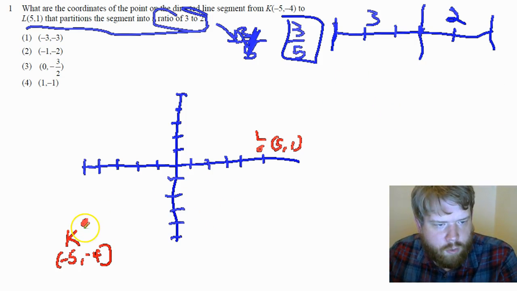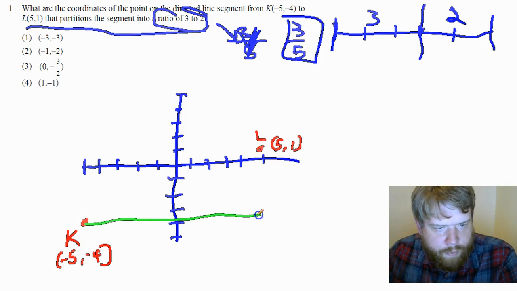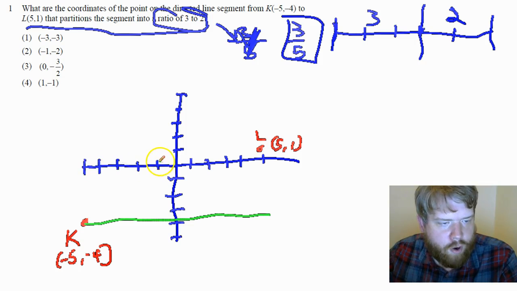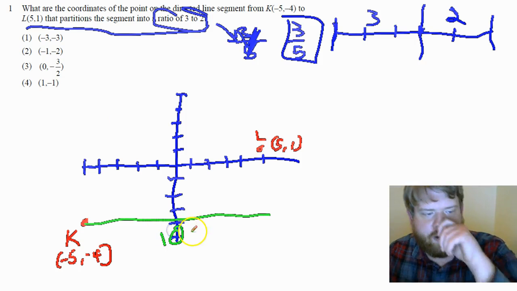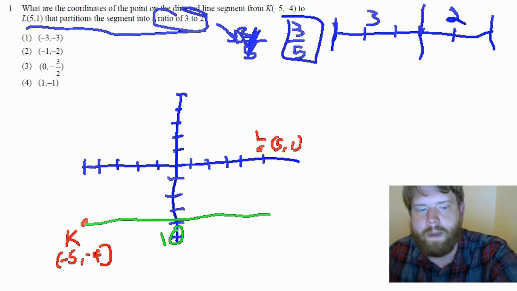All right, so treating the X and Y directions separately, let's first figure out how far we went in the X direction. Counting up from -5, we went 1, 2, 3, 4, 5, 6, 7, 8, 9, 10 units, right? You can get that by subtracting 5 minus -5, but you can also get it by counting.